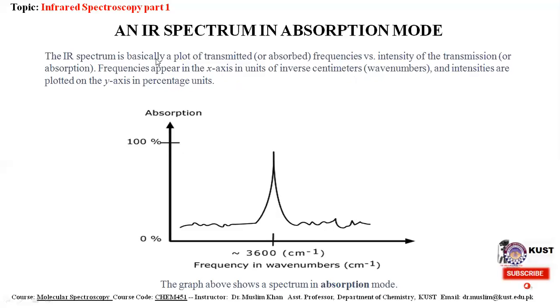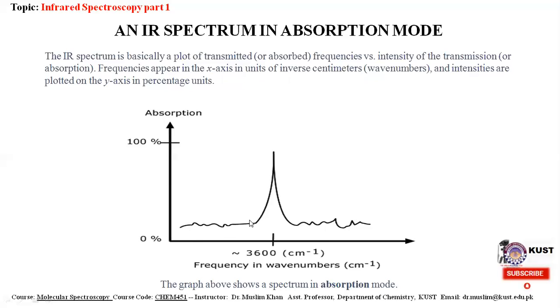The IR spectrum is basically a plot of transmitted, or in this case absorbed, frequency versus intensity of transmission or absorption. Frequency appears on the x-axis in units of inverse centimeter, and intensity is plotted on the y-axis in percentage units. So the graph shows a spectrum in absorption mode.